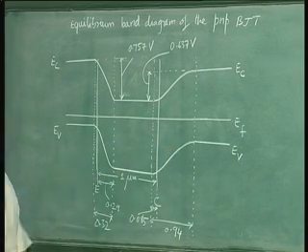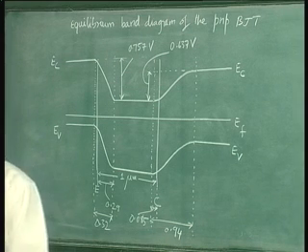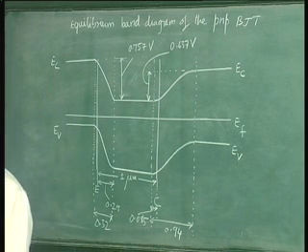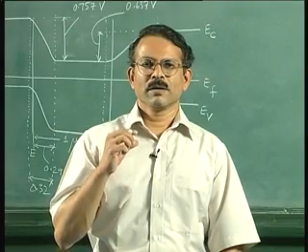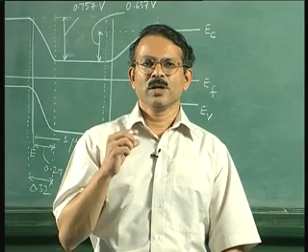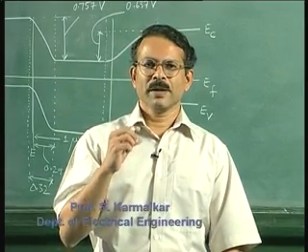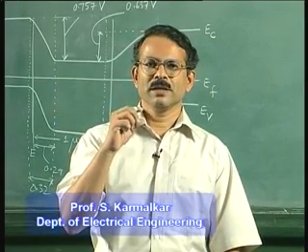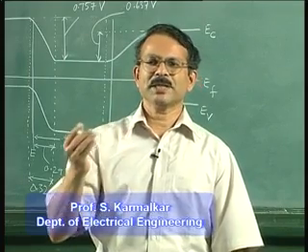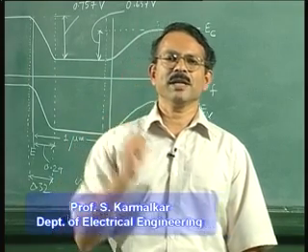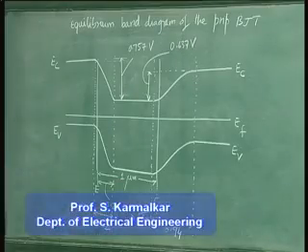So in practice, when the device is operating as a transistor, the band diagram will be such that the emitter base junction will have a small variation in the conduction band edge, but the collector base junction will have a very large variation in the conduction band edge.